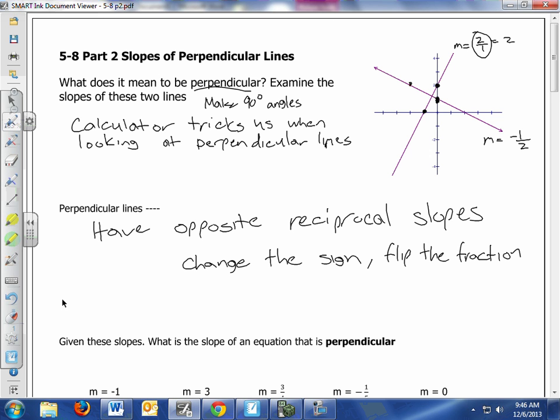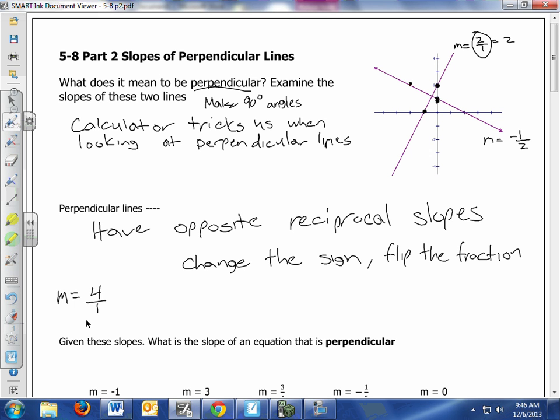Yeah, but Mr. Messner, if I have a slope of 4, that's not a fraction. How can I flip a fraction if I just have a number? It is a fraction. It's 4 over 1. So if I have a slope of 4 over 1, what would be the slope of a perpendicular line?